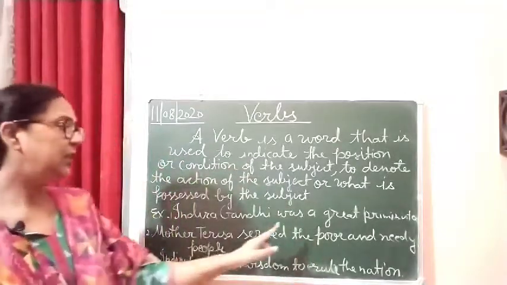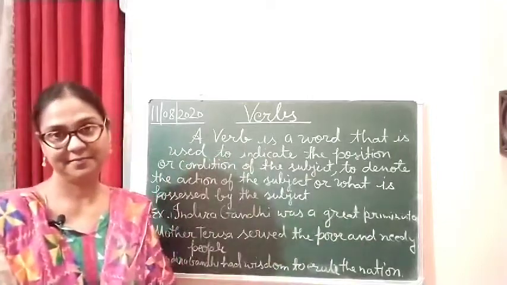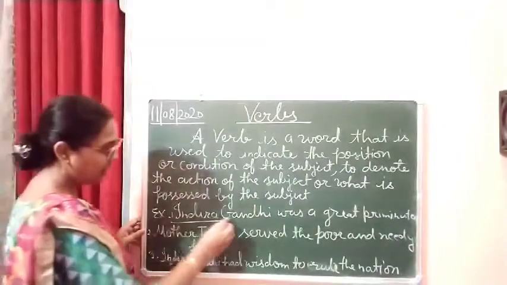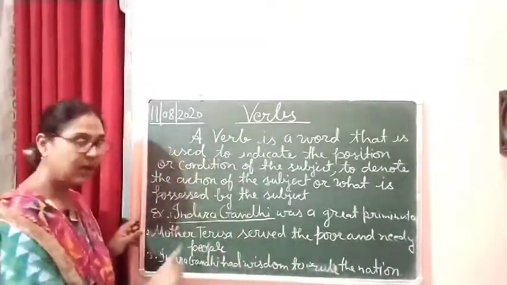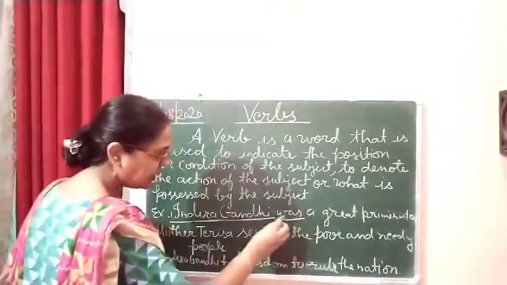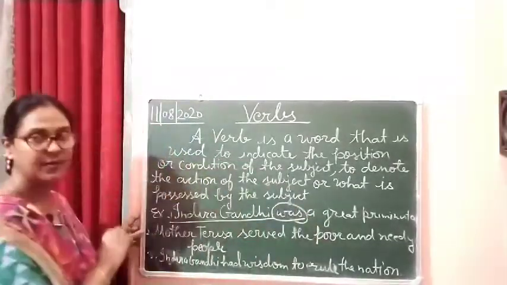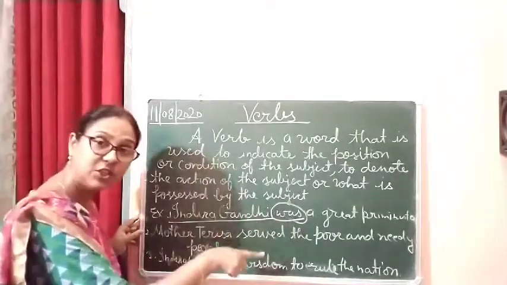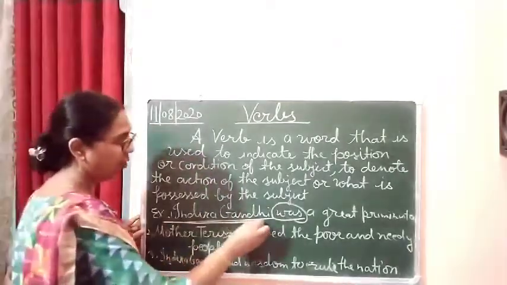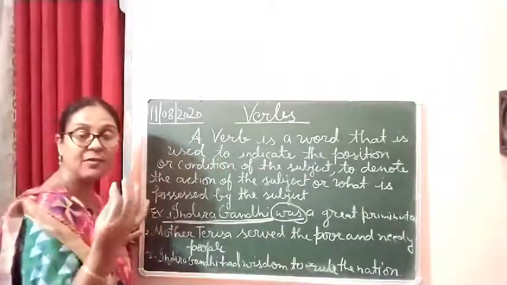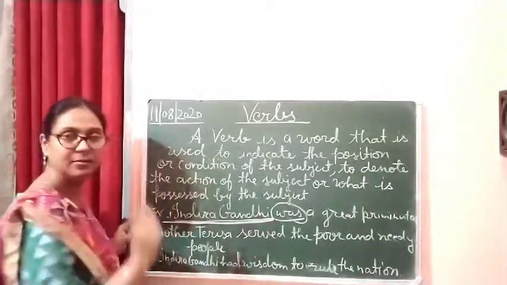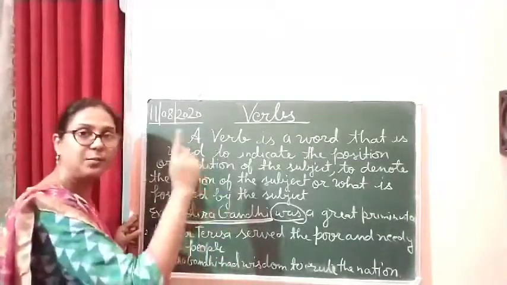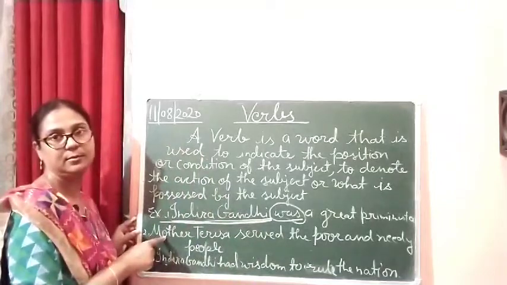Now, Indira Gandhi was a great Prime Minister. Indira Gandhi is the subject over here, and here you can see this is "was". Was here shows the condition or position of the subject, Indira Gandhi, because as I have told you, in the definition of verb, it shows the condition and position of a subject.